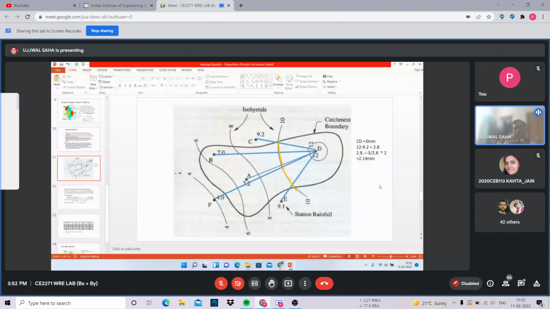So the answer may be different for different persons. But that does not mean that we cannot use this method. We can say that accuracy is less. It is not a 100% reliable method.